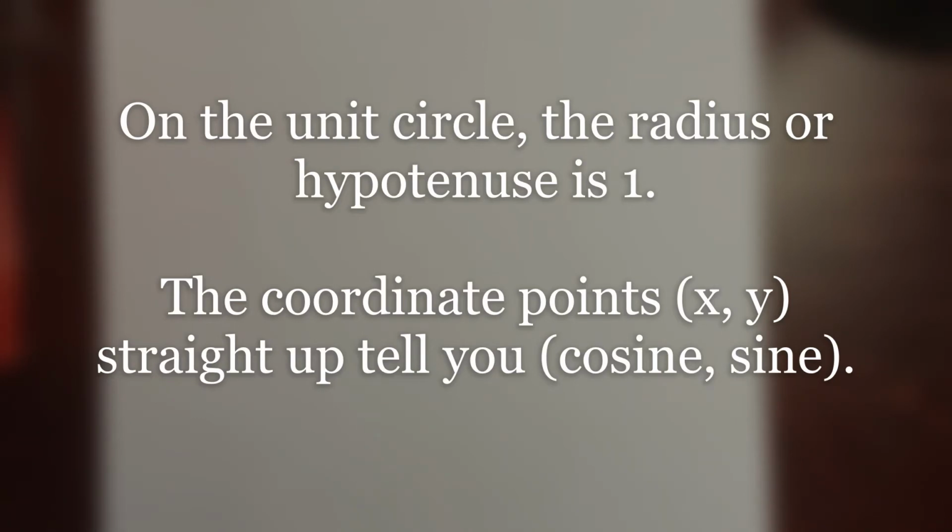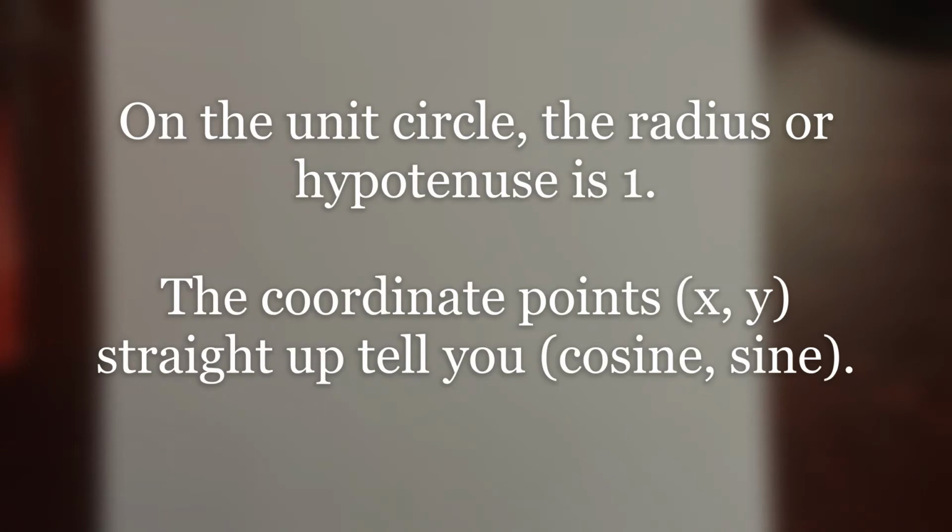So the way we set up our triangles, when we correctly do it against the x-axis, your adjacent side will always be the x-axis. The x coordinate is the adjacent side, so the x piece is cosine. The y coordinate is the opposite side, so the y coordinate is the sine fraction.